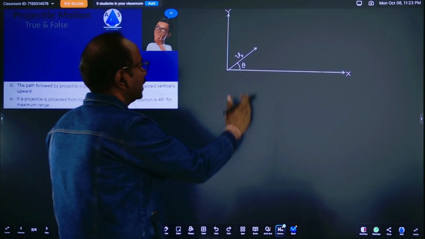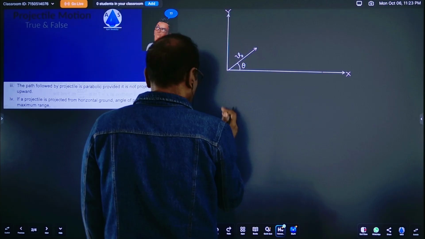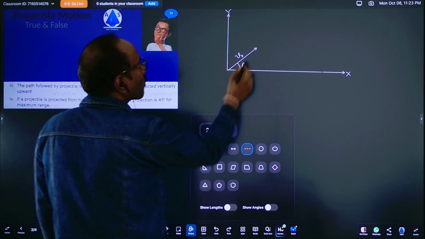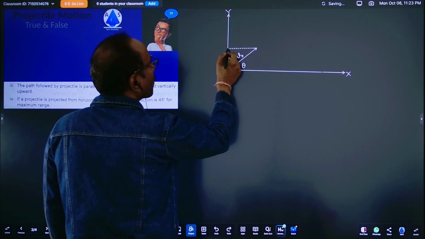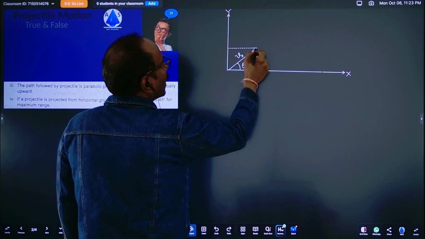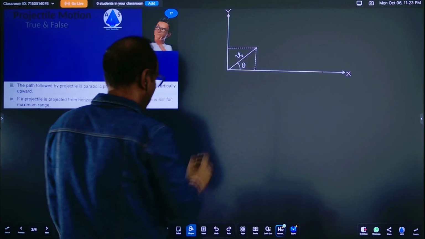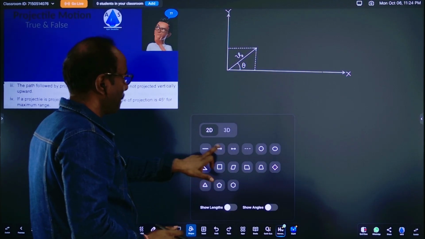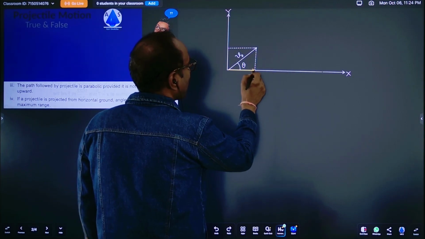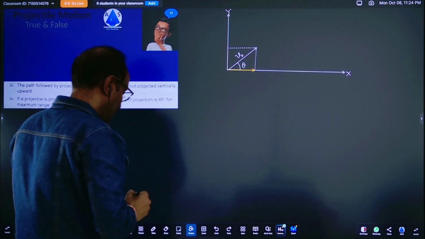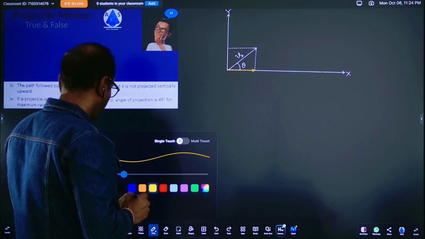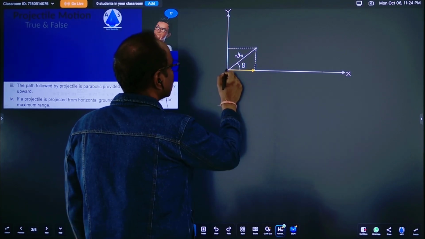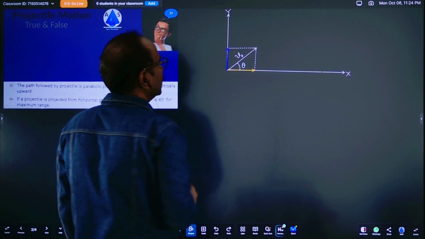One will be in the vertical direction. It will have a component in the vertical direction, and a horizontal component.